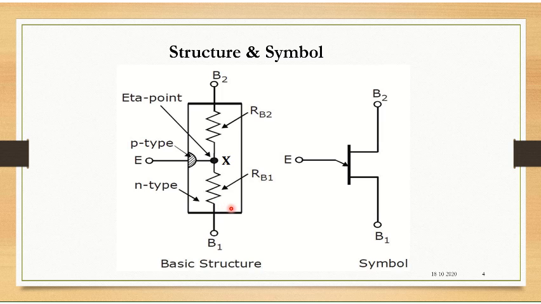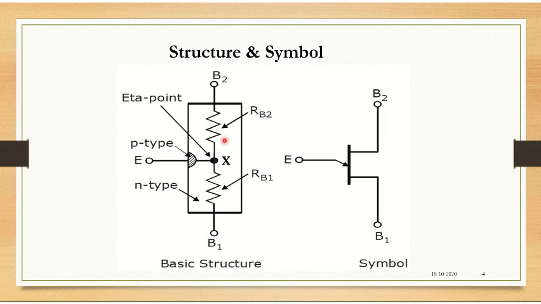The operation of the UJT can be stated as follows. When the emitter is reverse biased, a small current flows, and RB1 is of a very high value, typically 4 kilo ohms. Then we say the UJT is in the off state.